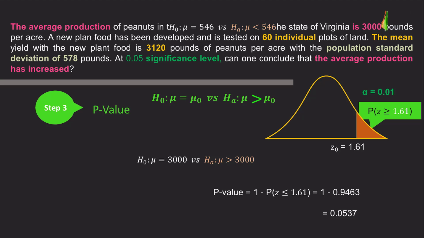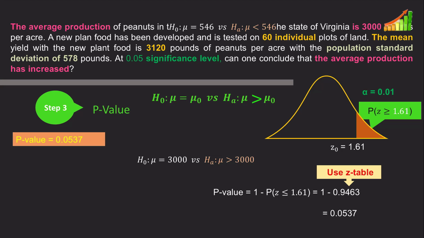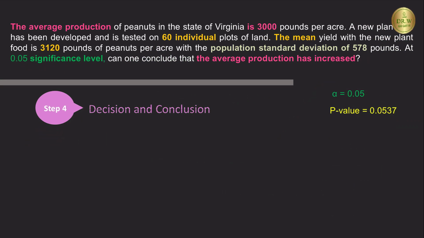Then we can use the table to find the probability Z less than or equal 1.61. That is 0.9463. Then we subtract from 1. Therefore, p-value is 0.0537. We do have the p-value now. Go to step 4.